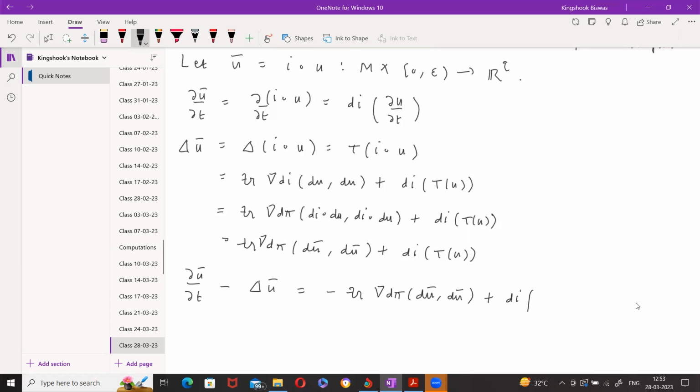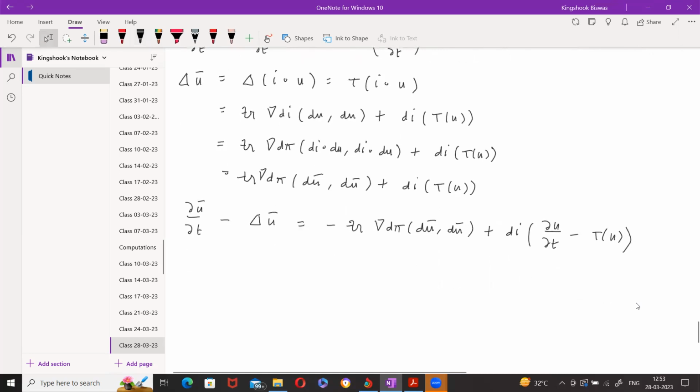So I'll get di of del u del t minus tau u, right? Okay. So this del u del t minus tau u is 0 because I'm taking a solution of the heat flow.